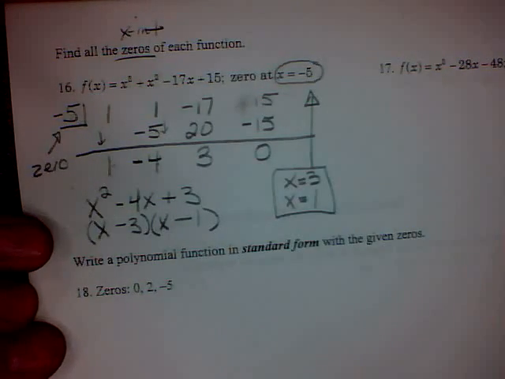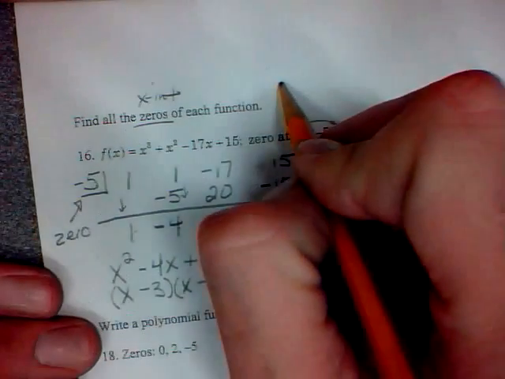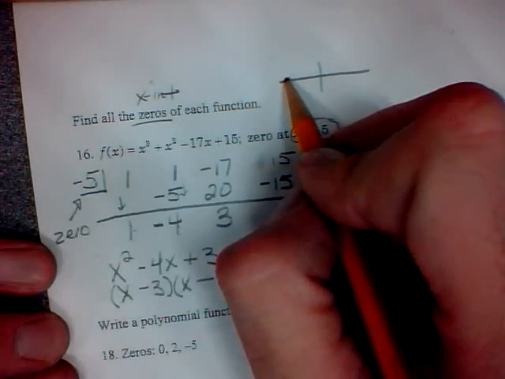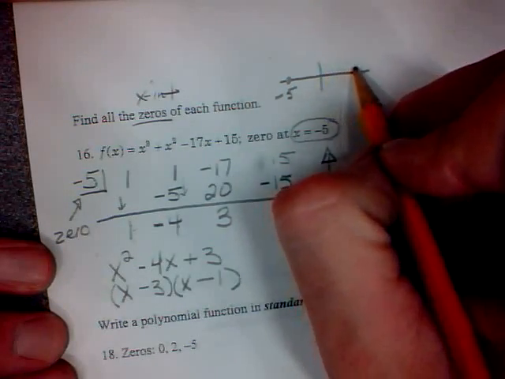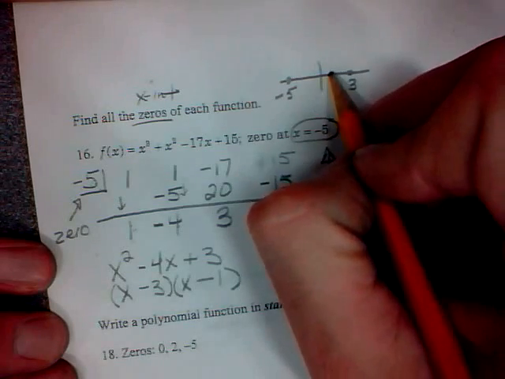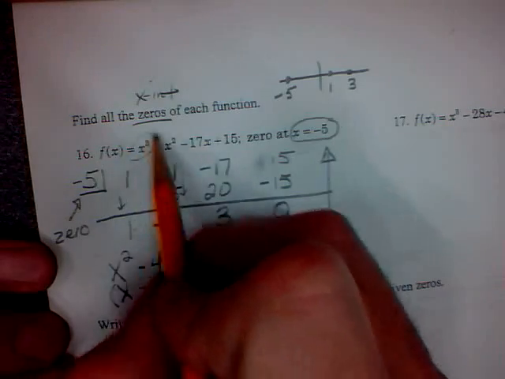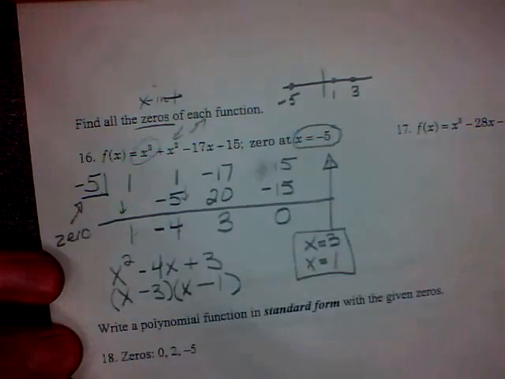If you would like some extra practice sketching the graph, we can do that quickly right above here. Our zeros are -5, another at +3, and another at 1. Since this is a cubic, the end behavior is down, up.